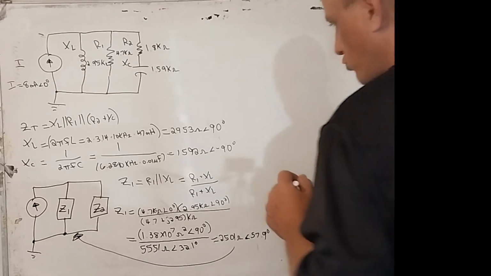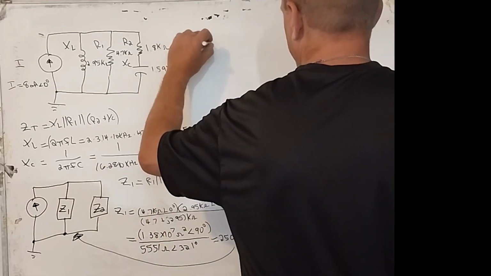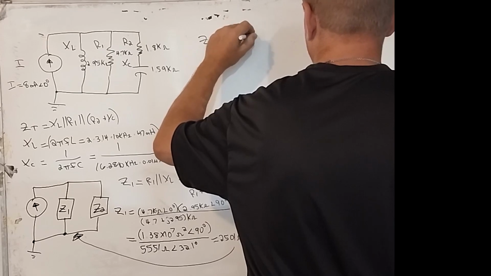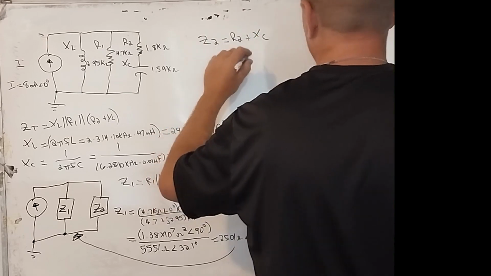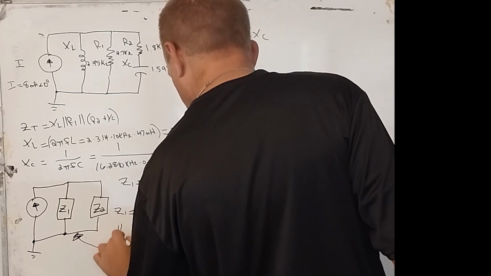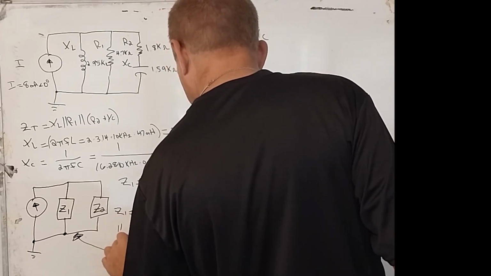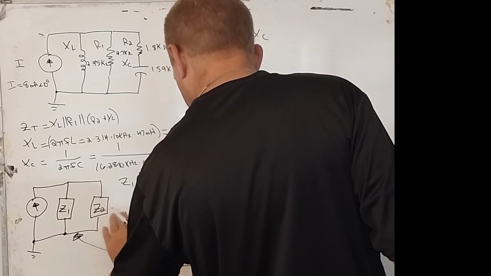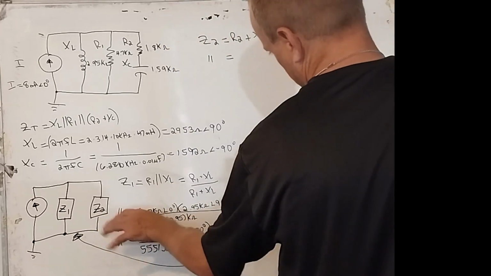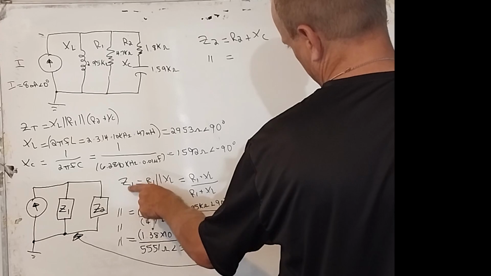Okay. So Z sub 2 is equal to R2 plus X of C. Making all this notation means is that it's the same from above.